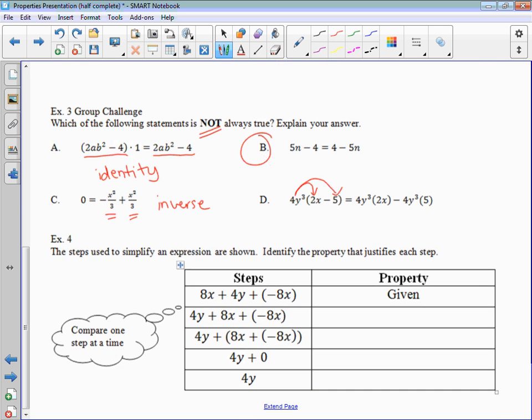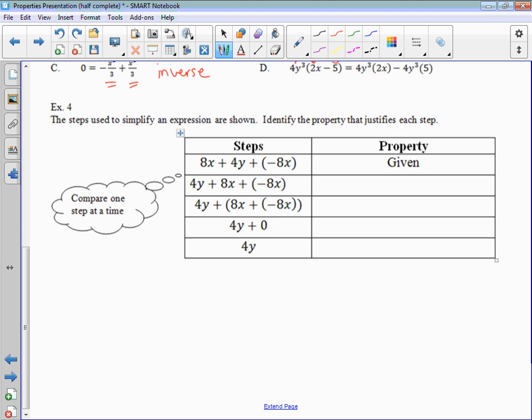Down here, I saw some people that had some questions about this one. They're like, oh, I don't understand it. This is really the same thing that we've been doing. They just wrote it different. Instead of writing it side by side, they wrote it on top of each other. So what I gave you a hint was to compare one step at a time.